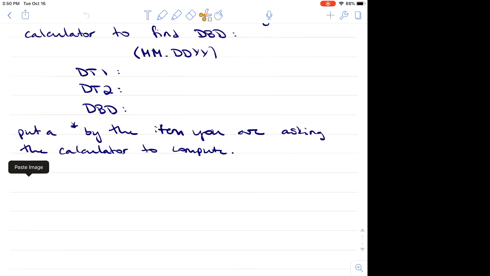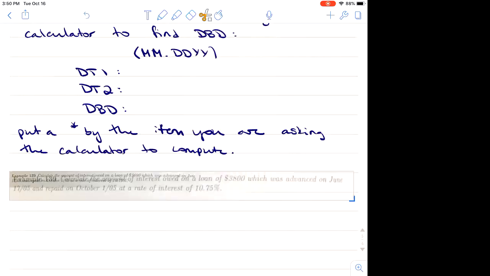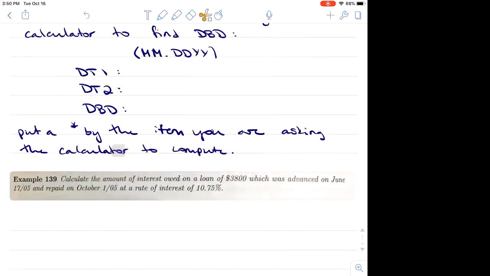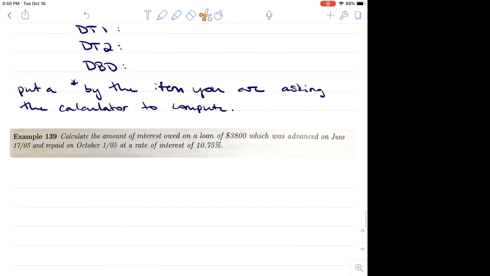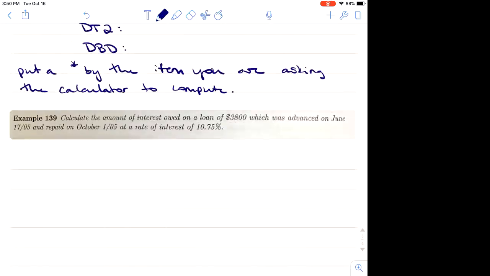And if the question doesn't give you a year, you can just use any year. So calculate the amount of interest owed on a loan of $3,800, which was advanced on June 17th, 2005 and repaid on October 1st, 2005 at a rate of interest of 10.75%.